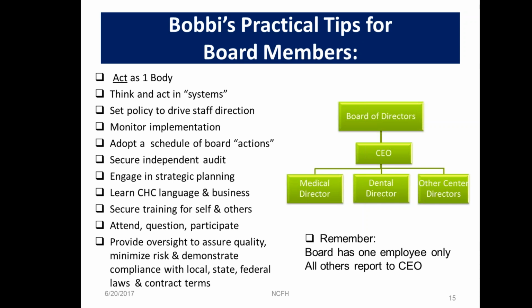It is the responsibility of the board to secure training for themselves individually and for others on the board as a whole. What that means is that when you approve the budget, you need to look at that budget and say, where's the budget for board training? And what is the plan for board training? It's not necessarily up to the board to write out the plan, but they need to communicate their expectation to their employee, which is the CEO, so that the CEO knows what their wish is.